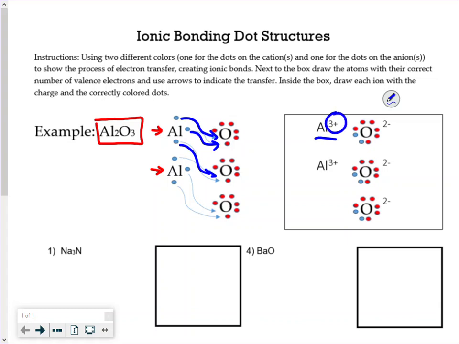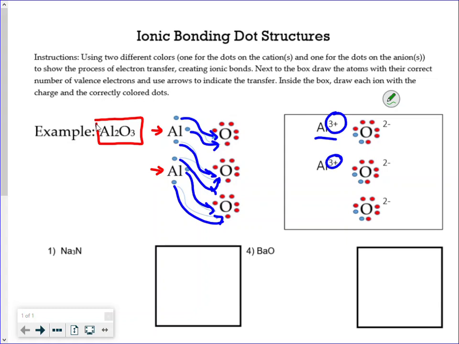So this one gets a +3 charge. This one is also losing, that one would go up here, this one goes down here, that one can go down here. So each aluminum loses 3 electrons. They both end up with a +3 charge, so you must attach a +3 to both aluminums.